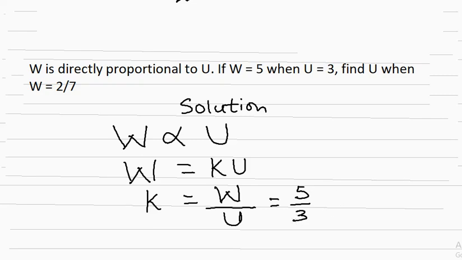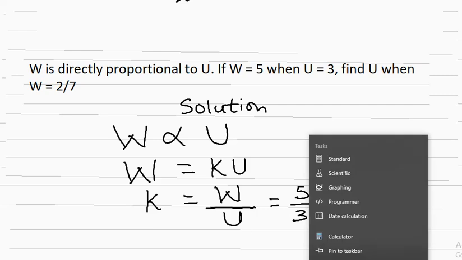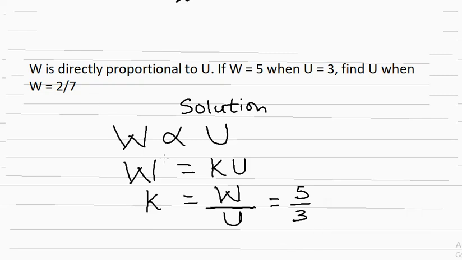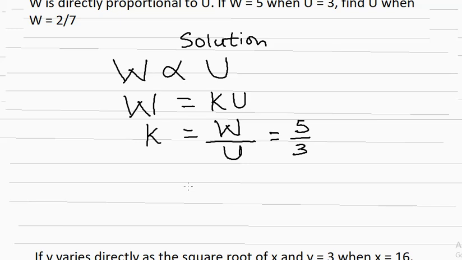So we are asked to find U when W is 2 all over 7. We are going to do that from this expression. To make U the subject of formula, U is equal to W all over K. So W is given as 2 all over 7, then divided by K, which of course is 5 all over 3.